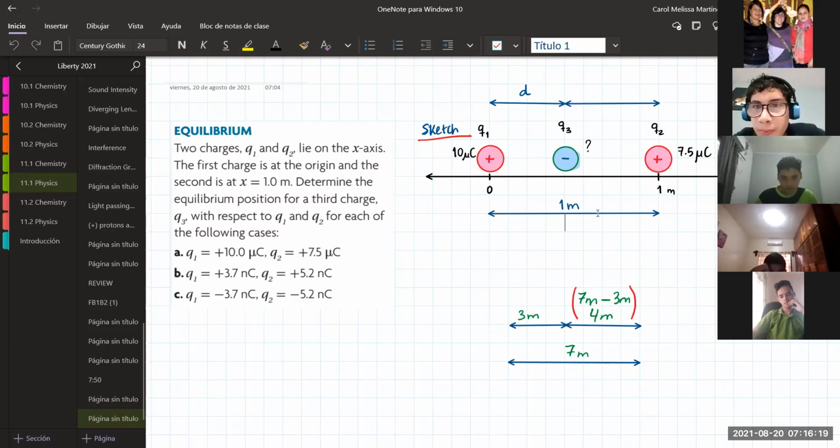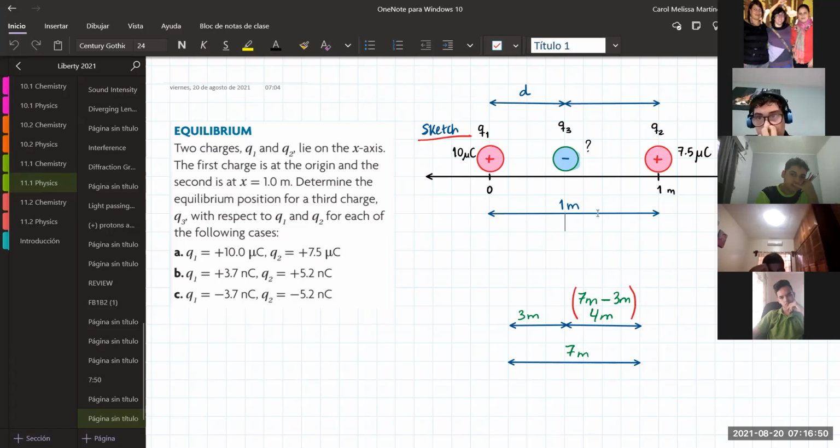So let's apply the same principle here in this little portion above. How do we get that part? 1 minus d. It is different than saying d minus 1.